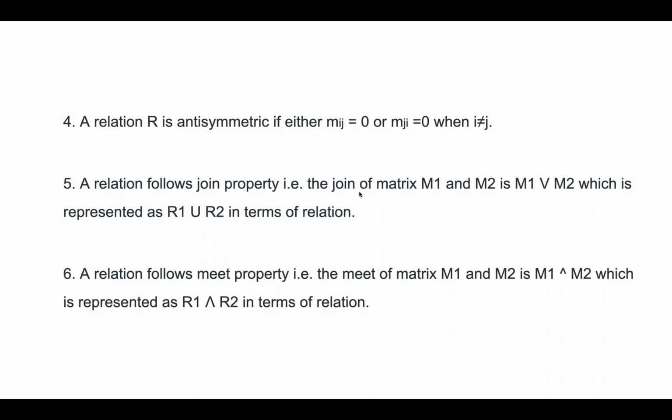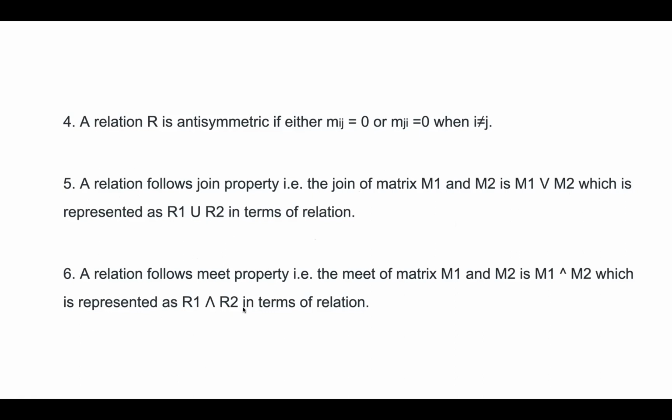The next is the join and meet property of relations. The join of matrices M1 and M2 is M1 OR M2, which is represented as R1 union R2 in terms of relation. It is known as join property. And what is meet property?